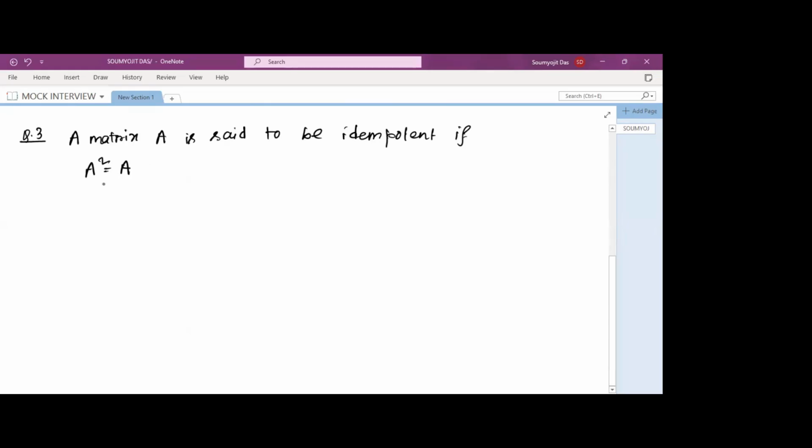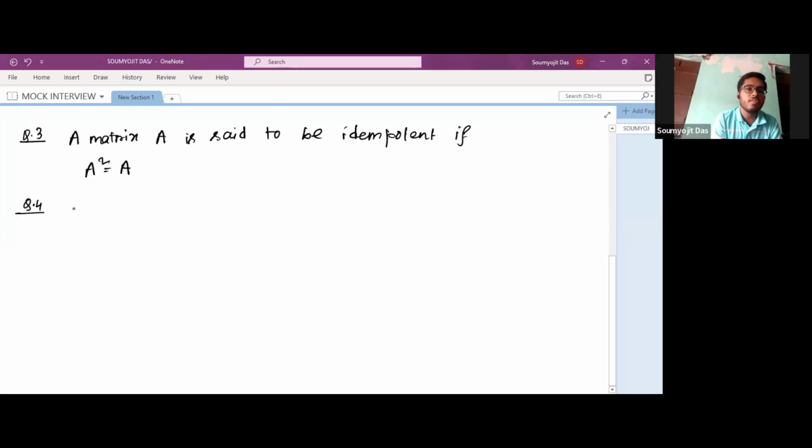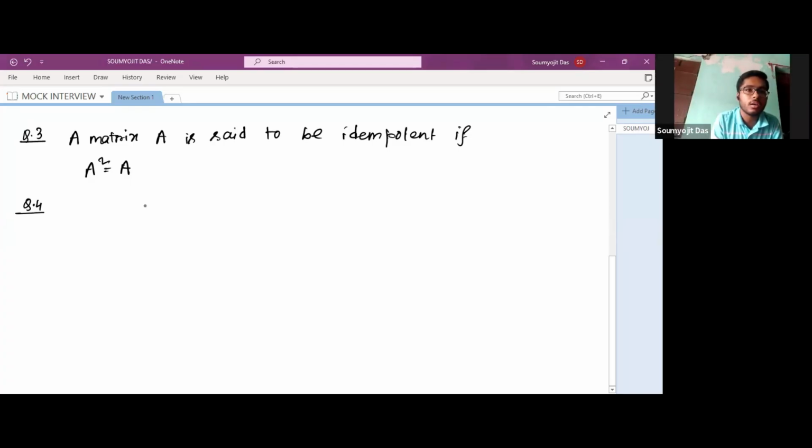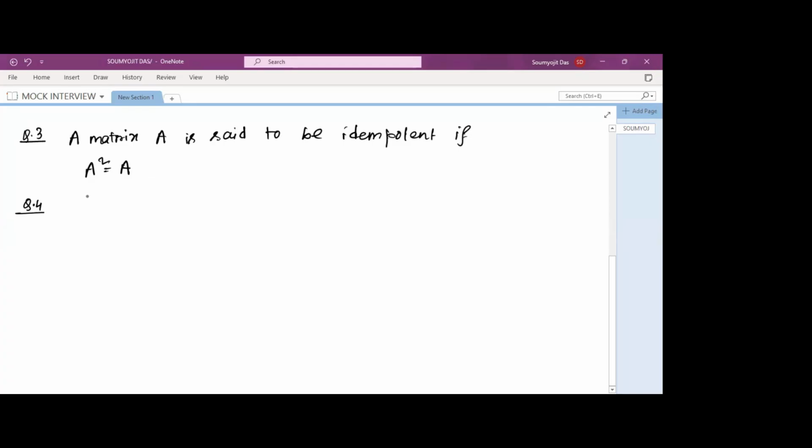Yeah, very good. My next question is, what are the eigenvalues of an idempotent matrix? I mean, what are the possibilities? The eigenvalues of an idempotent matrix can be zero or one. Prove that. Okay, sir.